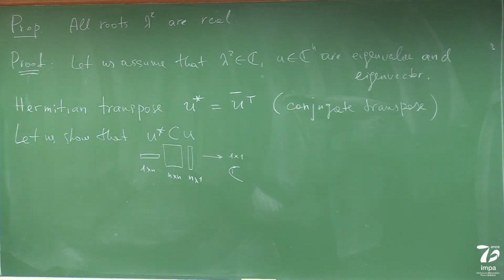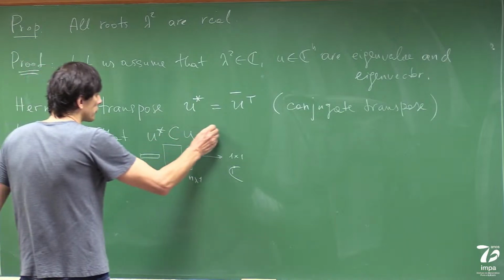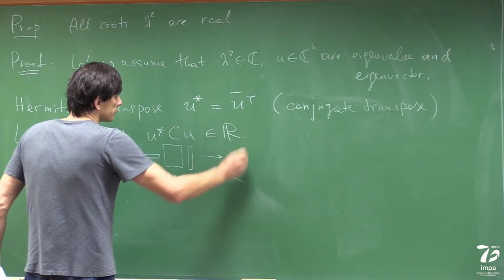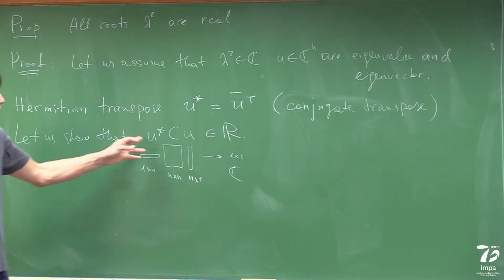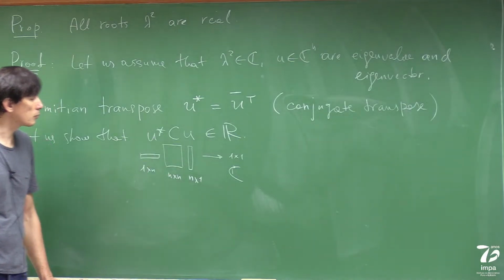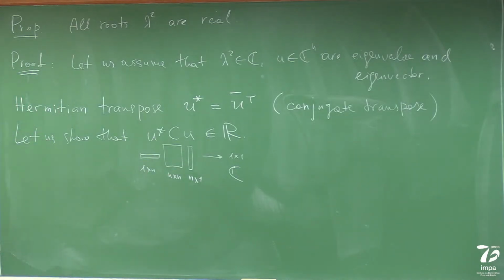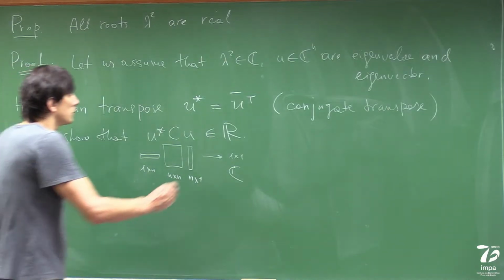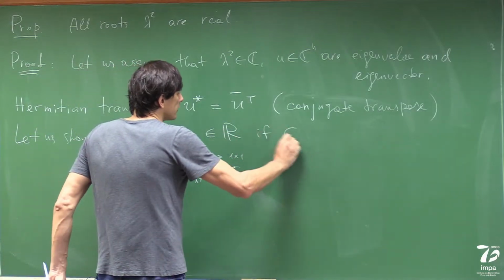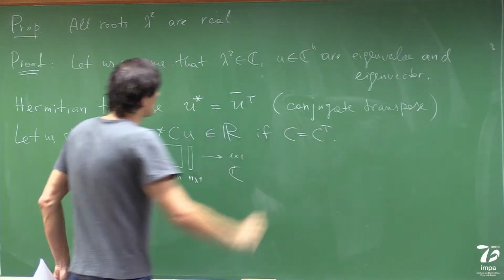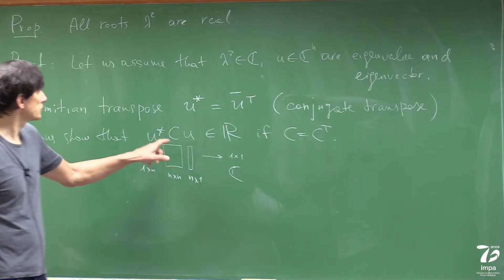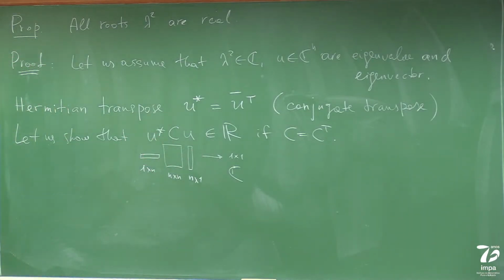Let's show that this is always real. In general, a product of three complex objects can be complex, but when you write it in this way, for any real symmetric matrix, this product is real.